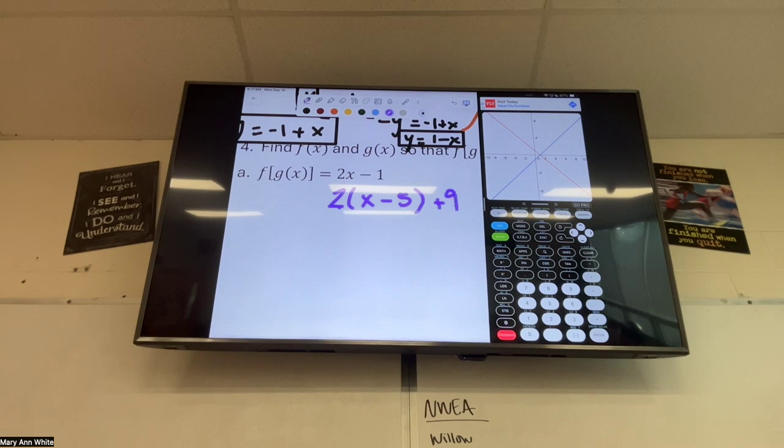Inside is X minus 5. Good. And which one is that, my f of x or my g of x? Good. And what's my outside function? Very good. That's possible. I like to keep them in a parentheses or in a square root or an absolute value so you can see what's the inside and what's the outside.